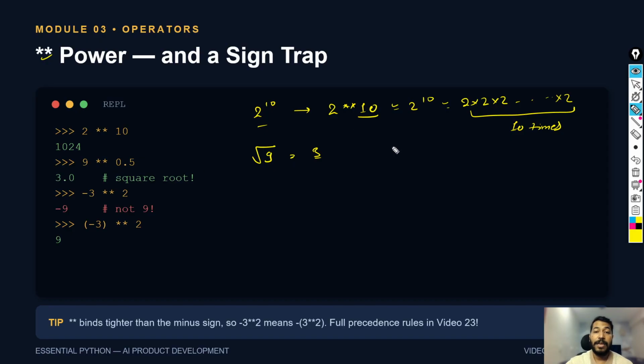We can use 9, then the power, where the power is 0.5, because mathematically we can translate this to this. Equally, we can translate this to this in Python. So half we can represent with the help of 0.5, and for the power we are using this power operator.